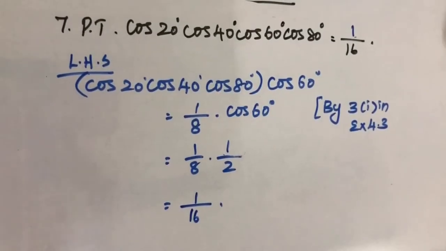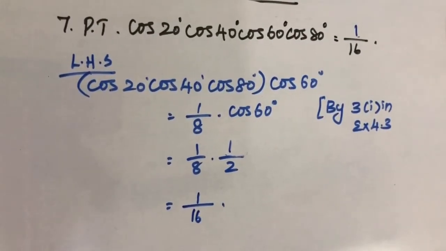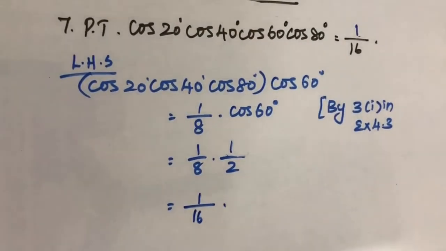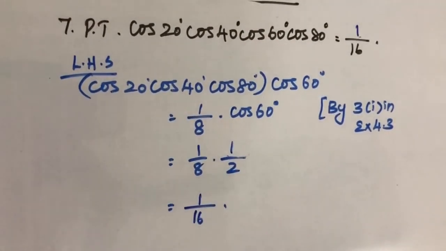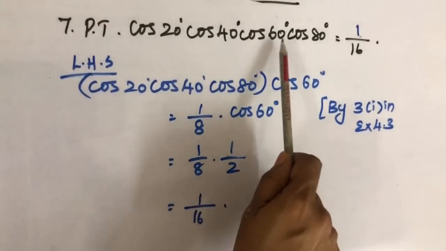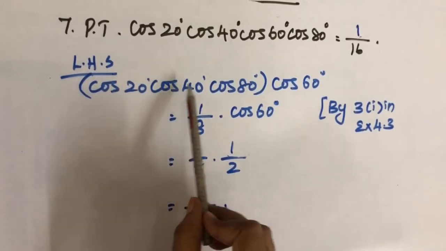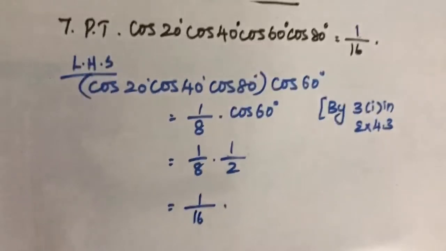7th problem. Prove that cos 20, cos 40, cos 60, cos 80 equal to 1 by 16. First, let us take the left hand side. Cos 20, cos 40, cos 60, cos 80. I will rearrange it as cos 20, cos 40, cos 80 into cos 60.